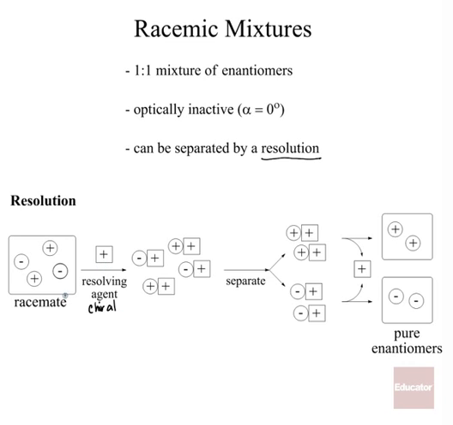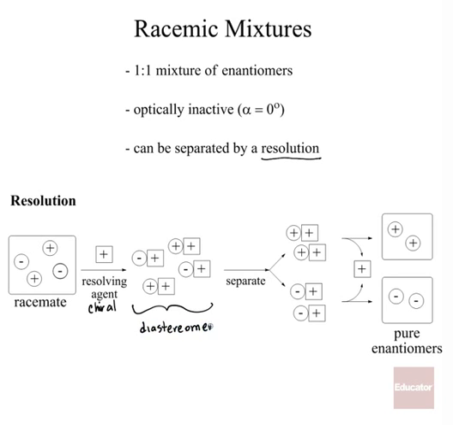And we're going to react it with the racemate and form some kind of interaction that is temporary, that is reversible. And so we're going to have our plus resolving agent now associated with both our plus and our minus racemate components. And when we compare the resulting structures, we see that these are in fact now diastereomers.